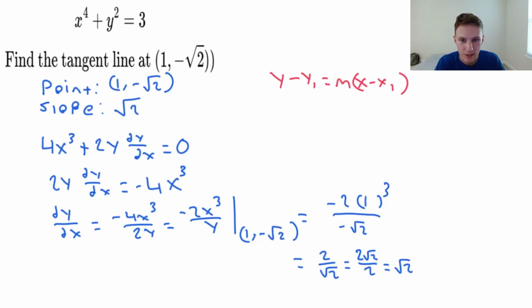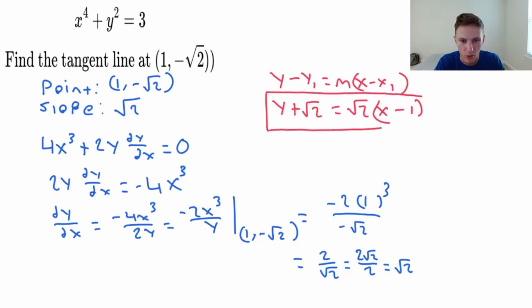When we plug this in, we'll be left with y plus root 2 equals root 2 times x minus 1. I'm just going to leave it like that. Don't forget the parentheses. You could convert this into slope-intercept form, but I think it's sufficient to leave it in point-slope form. It ends up being the same thing. So that is the equation of our tangent line in this case.